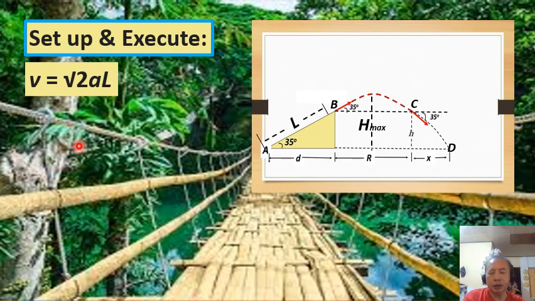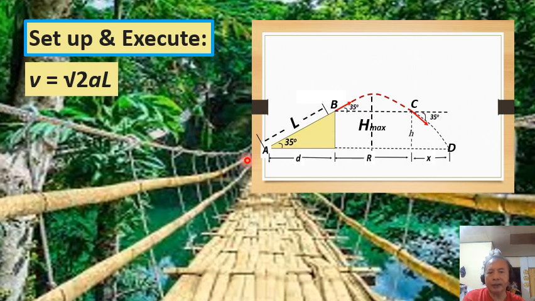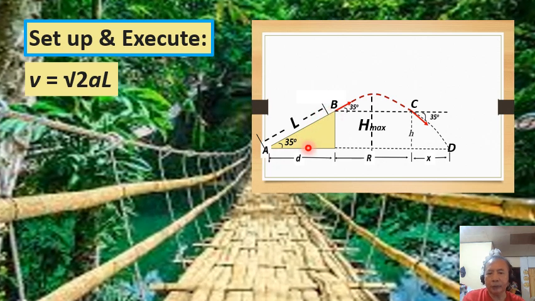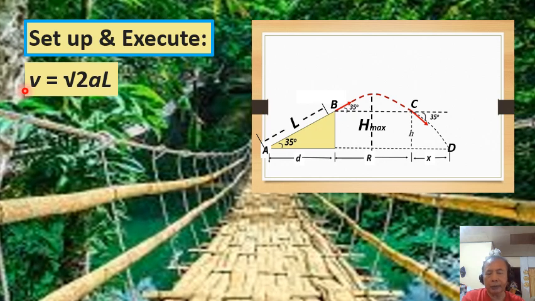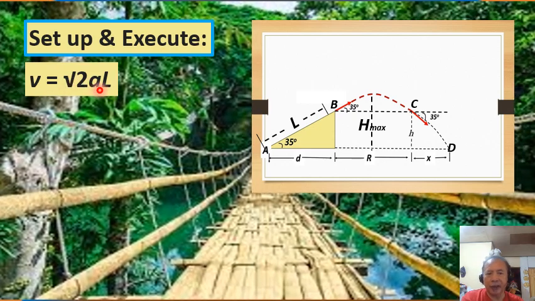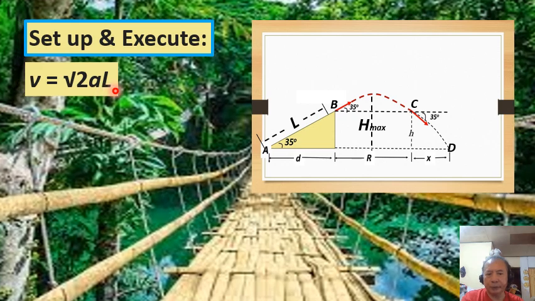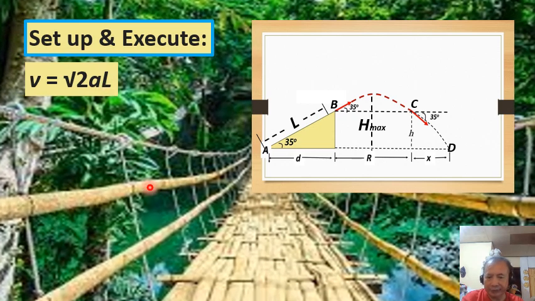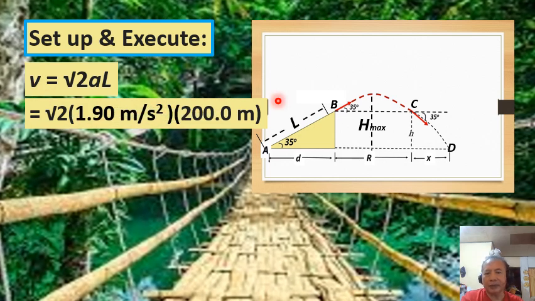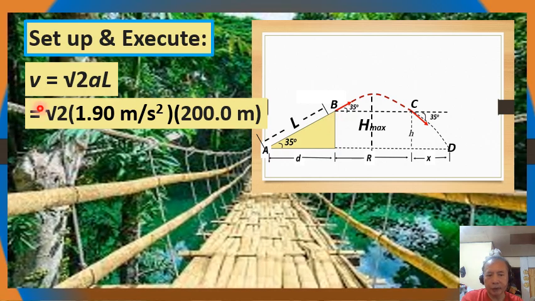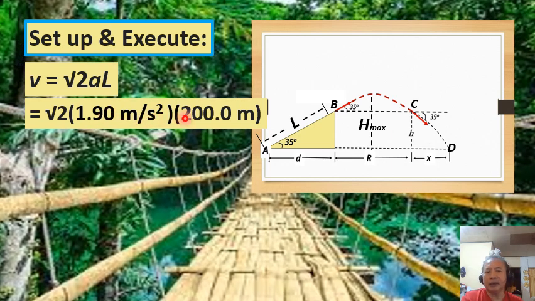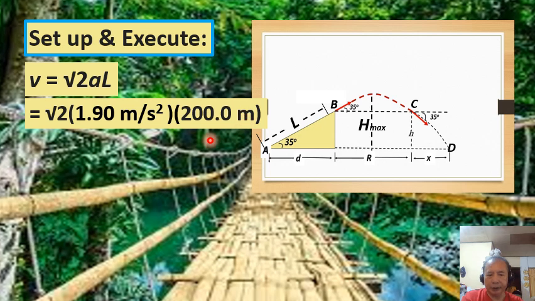The computation starts with determining the final speed of the rocket as it leaves the top edge of the ramp, and we use the kinematics formula: v is equal to the square root of twice the acceleration a multiplied by the length of the ramp, capital L. That is, the final speed v as the rocket leaves the ramp is the square root of 2 times 1.90 meters per second squared multiplied by 200.0 meters.